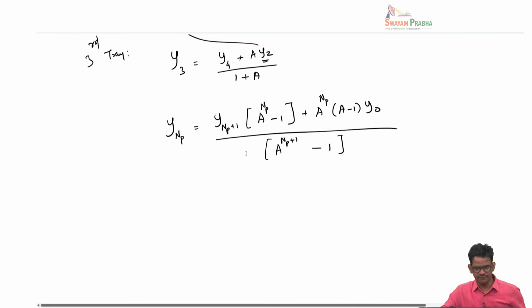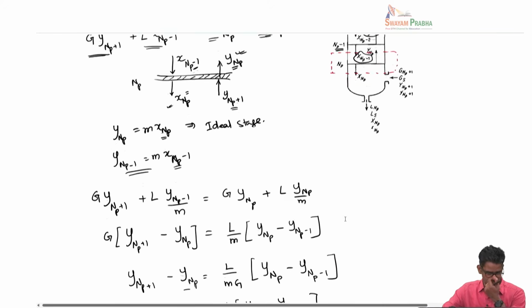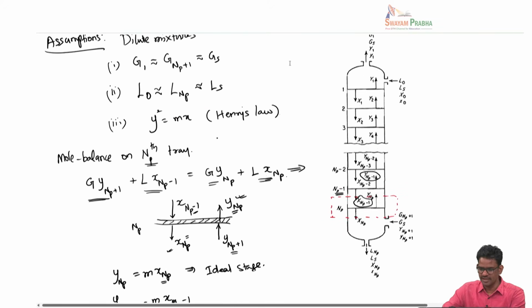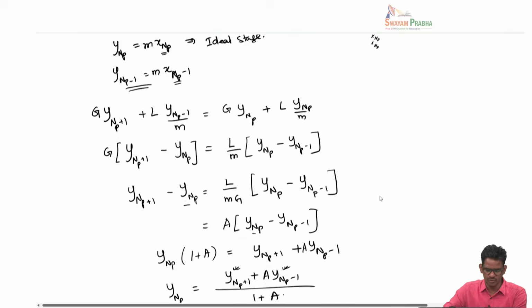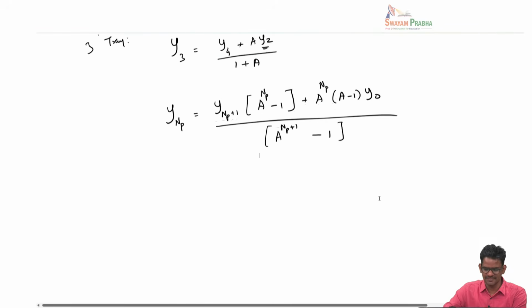So the way forward would be, we can do another mass balance over the entire column. If I look at the entire column, the inlet and outlet streams of the gas and liquid, I can set out one material balance equation, and that will be one additional equation I can use to replace one of these variables.